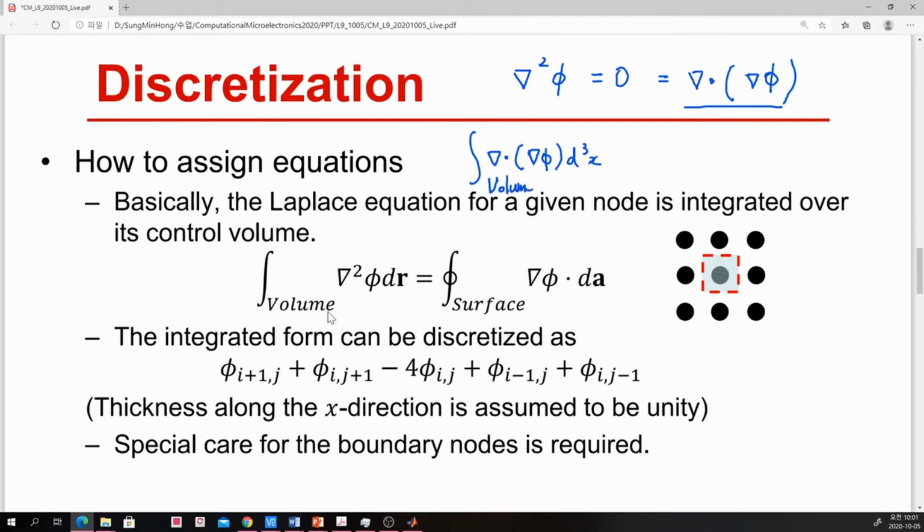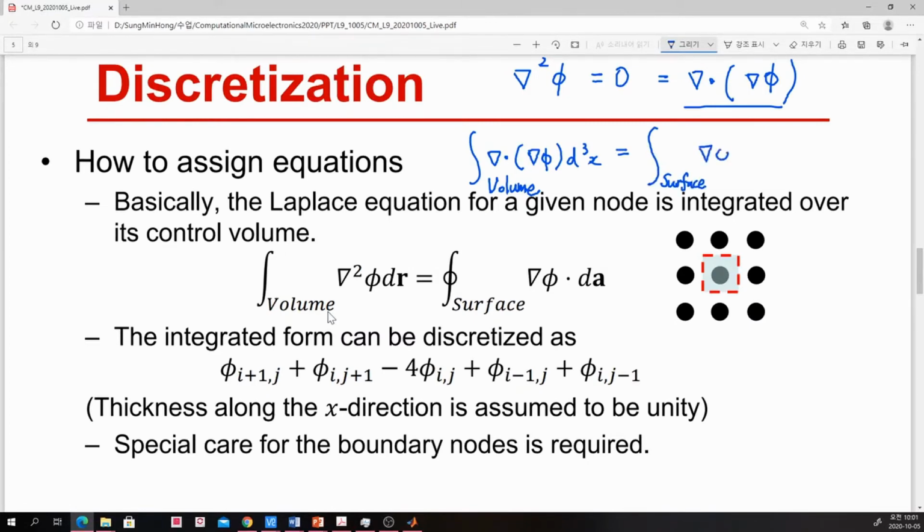Then with the divergence theorem, now we have the surface of that volume, the gradient of phi, and the dot product with our infinitesimal area. So now we have this form, and in this two-dimensional case, we have the top and bottom surfaces, and the right surface and left surface.